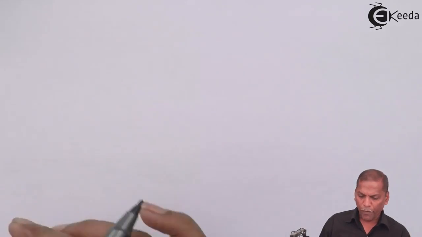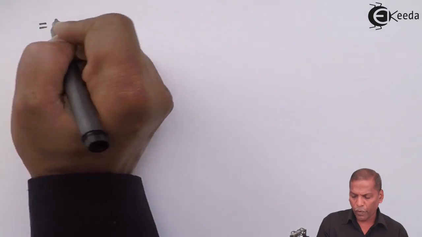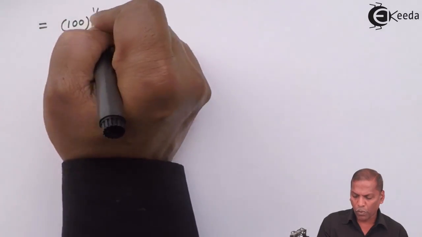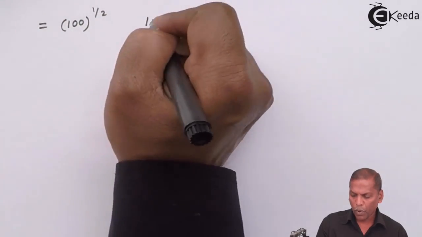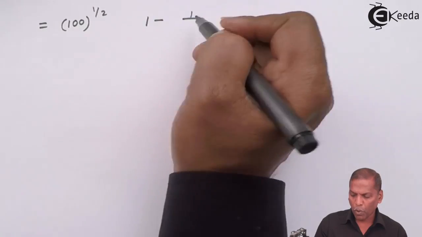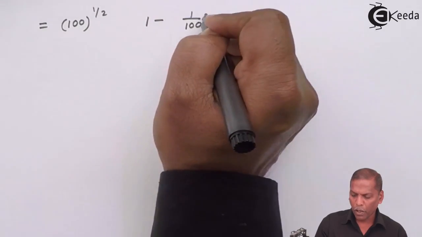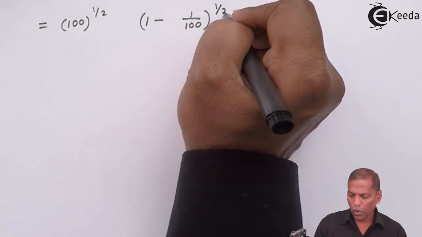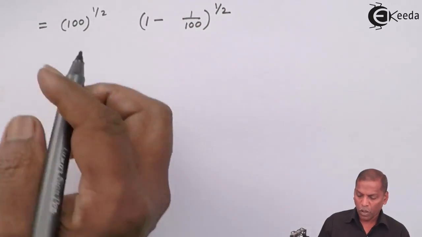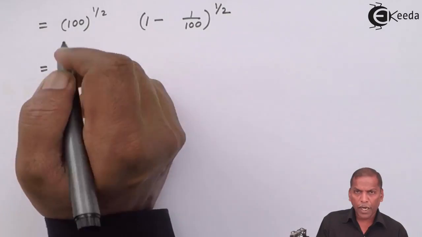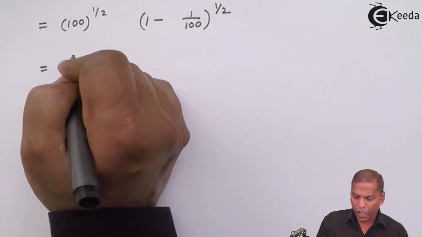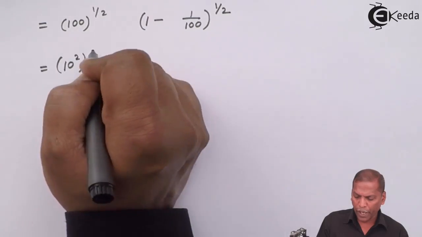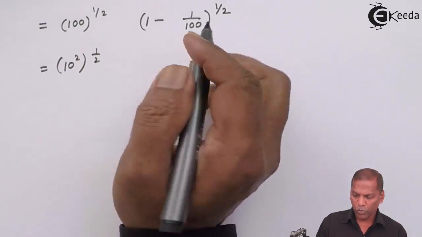So on simplifying further, we get 100 raise 1 by 2. At the same time, 1 minus 1 upon 100 also raise 1 by 2. Now these 100 I can write 10 the whole square, whole bracket raise 1 by 2.